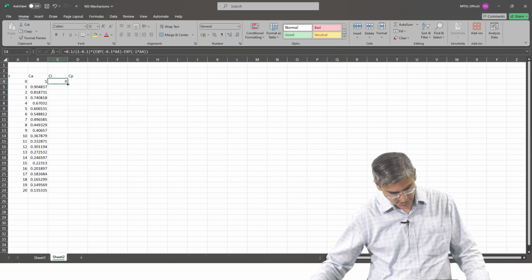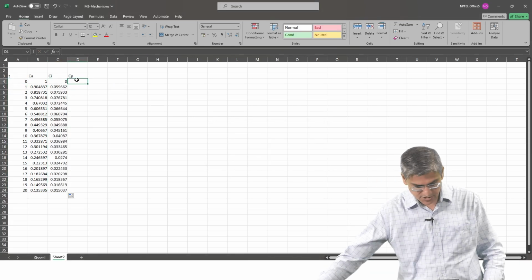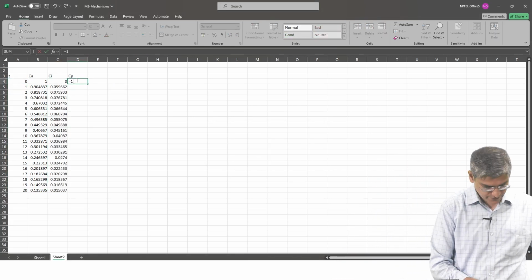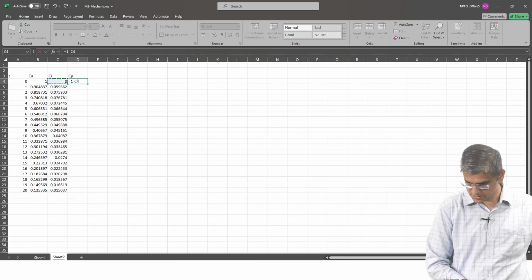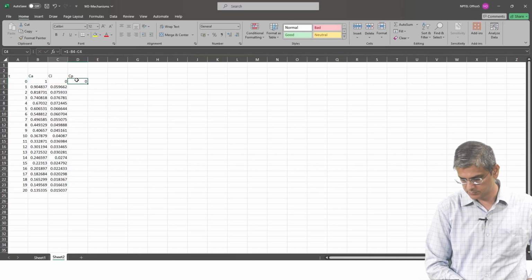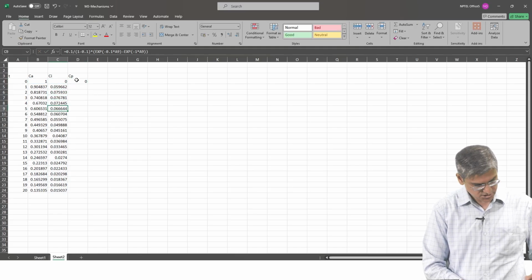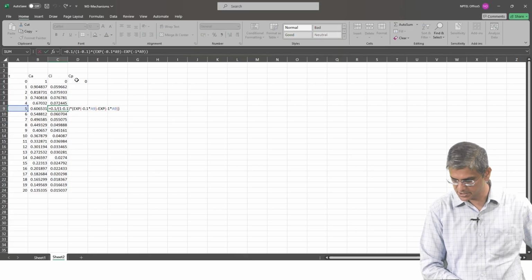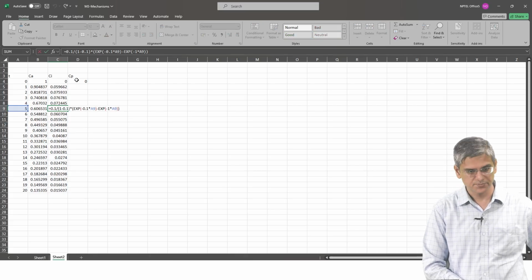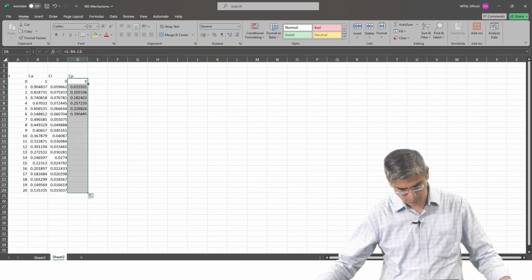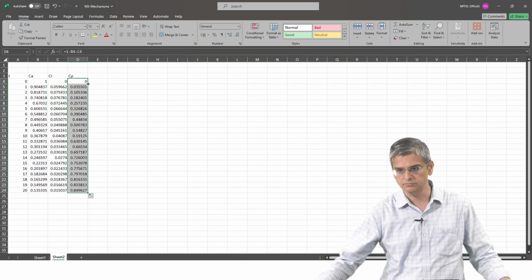Okay, this is CI and CP is just 1 minus CA minus CI. Okay. We can go to any of the rows and click F2 and see whether the expression has been copied correctly or not, and we will just drag this.